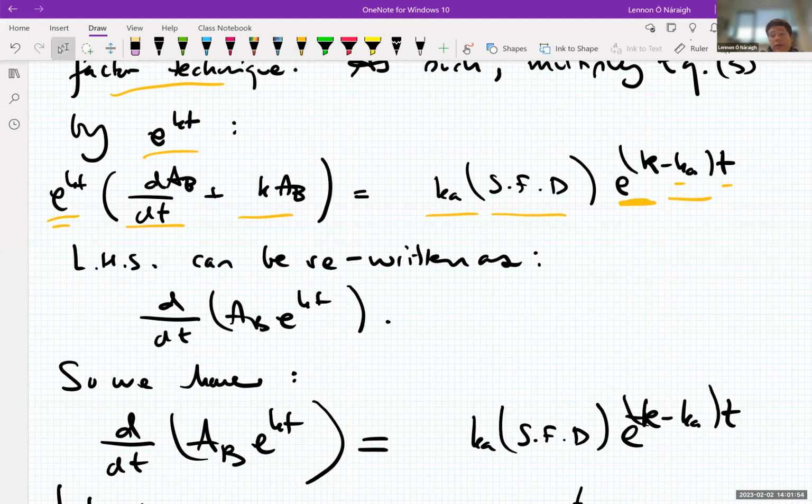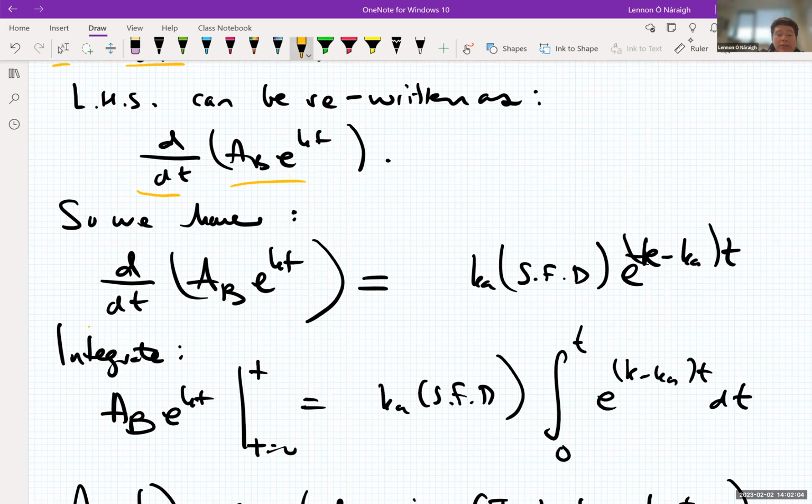The whole point of the integrating factor technique is that I can rewrite the left-hand side as the derivative of something: d by dt of AB e to the Kt. So now I have d by dt of AB e to the Kt equal to Ka SFD times e to the K minus Ka t.